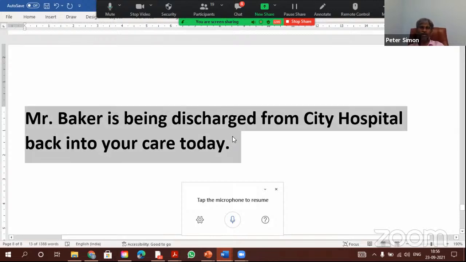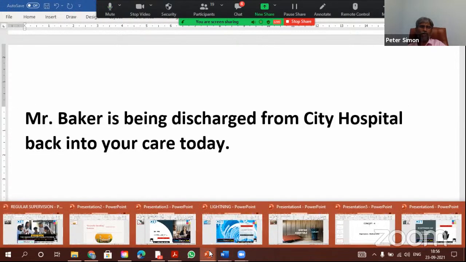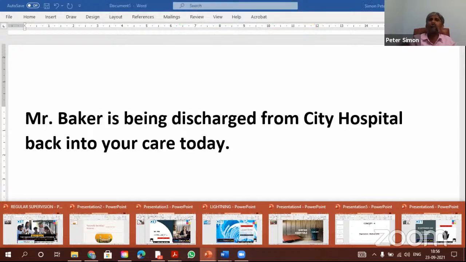I want you to write similar sentences. Change the name. Mr. Booker is being transferred to your facility from City Hospital today. Change the style, change the position, change the words, change the names, change everything. But don't change the tense.